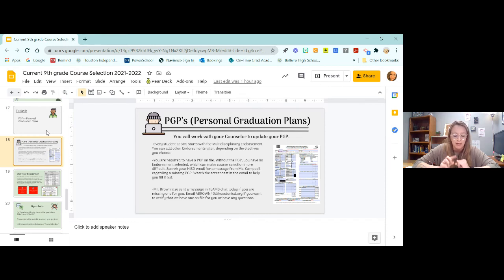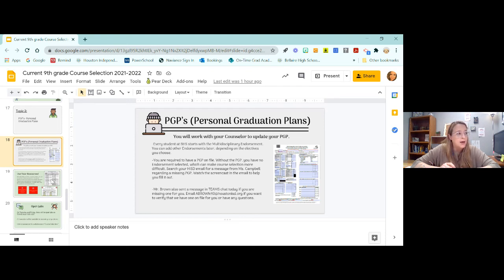For STEM, there are some requirements. You must have taken biology, chemistry, physics, your 4 sciences, 4 maths, and then 1 more science or 1 more math to qualify for STEM. So 1 year you would probably have to double up on either a math or a science. Then our public service endorsement is for students that complete 4 years of ROTC.